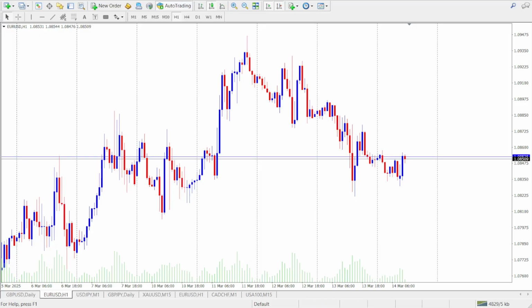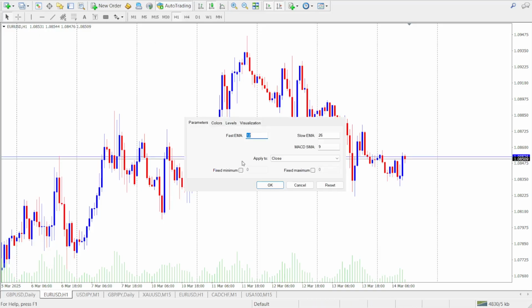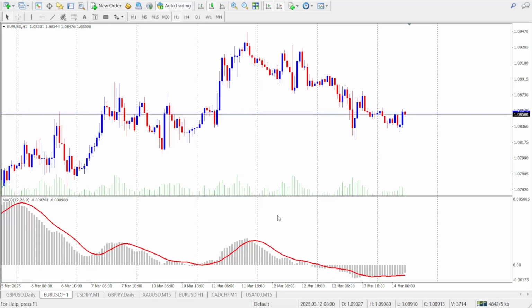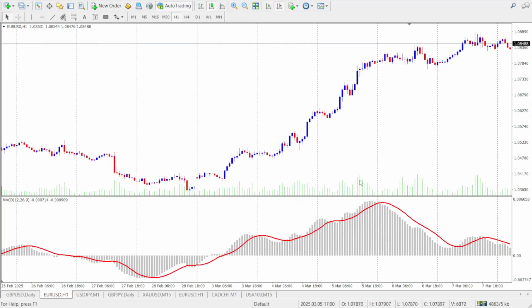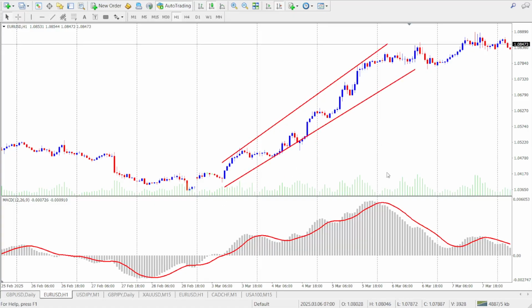For example, I'm just going to add MACD to the chart just for the purpose of this example, right? If price is making higher highs and higher lows, and indicators like MACD or even RSI or any other indicator usually used to depict divergence are also rising, that's a strong confirmation that the trend has momentum.